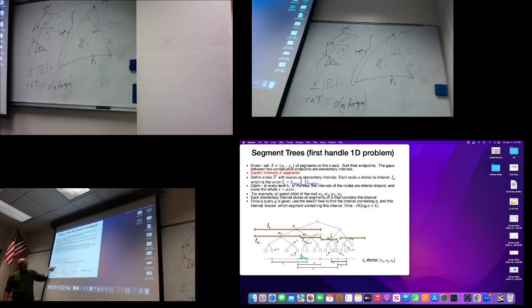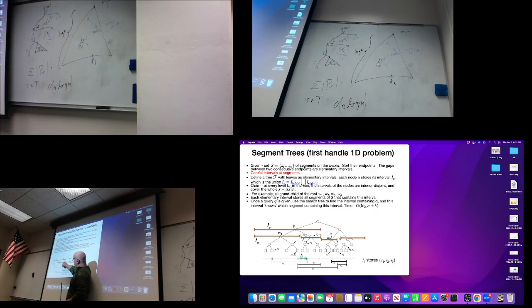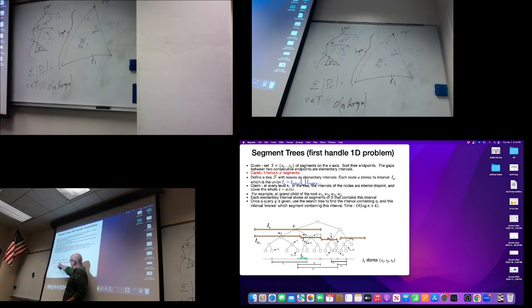W1 unified its two children, so it unified all the intervals from minus infinity all the way to the fourth. That would be the interval of W1, the union of its children.